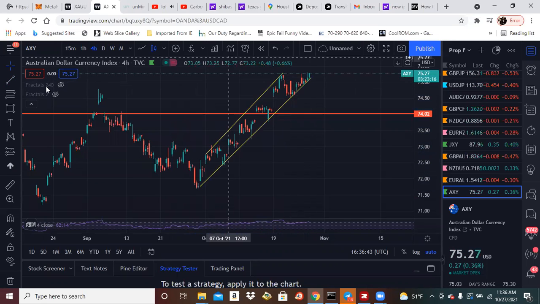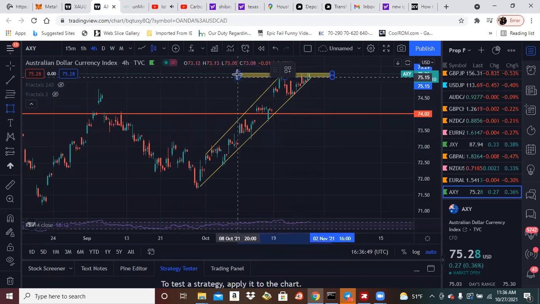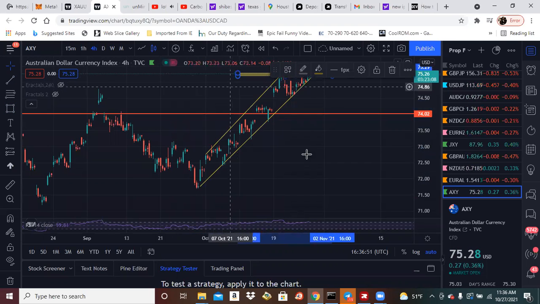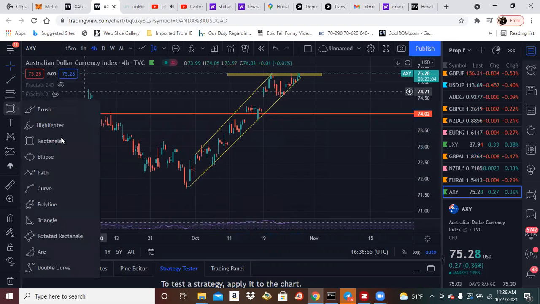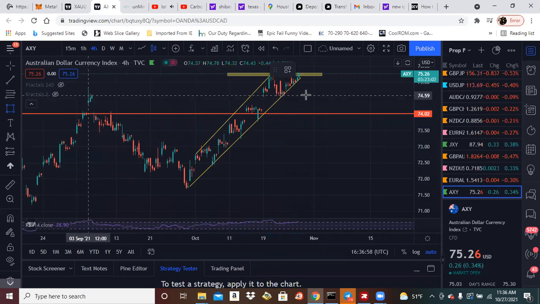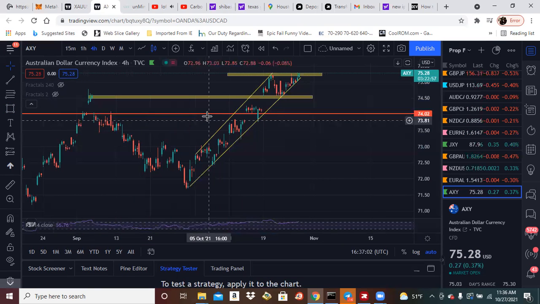Wow, this is literally like AU. If I mark it up just like AU, we got the double top area, the trend line, got the little support right here, and that little area that I had right there.